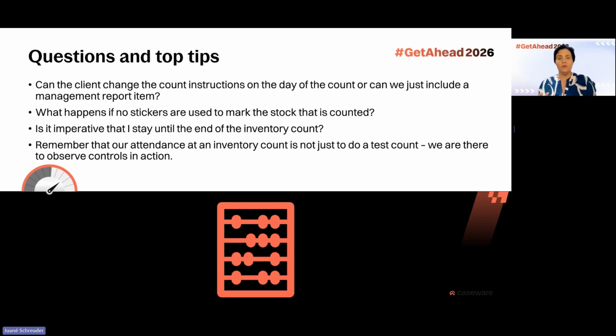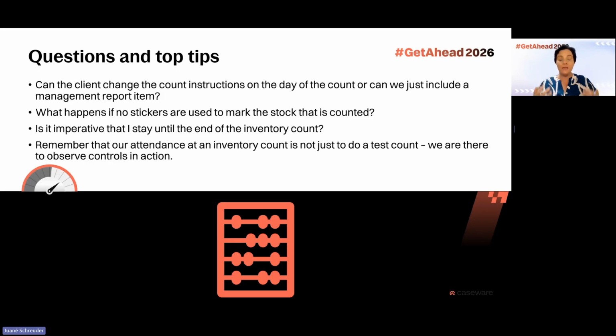In the video, we also talk about how we need to consider the client's count instructions, because remember, your attendance at the stock take is not giving us the big evidence that all the inventory exists, because you're only doing a selection of items to test that they are there, and that the condition is correctly identified.